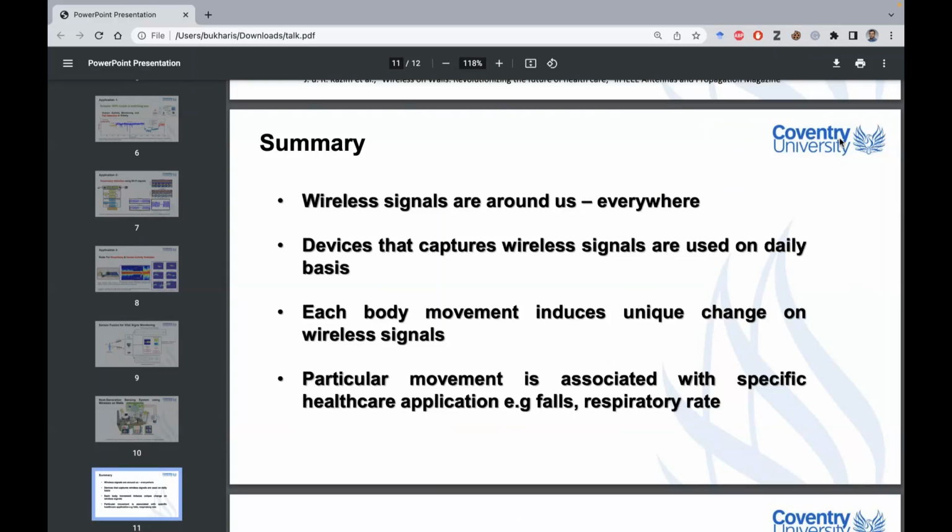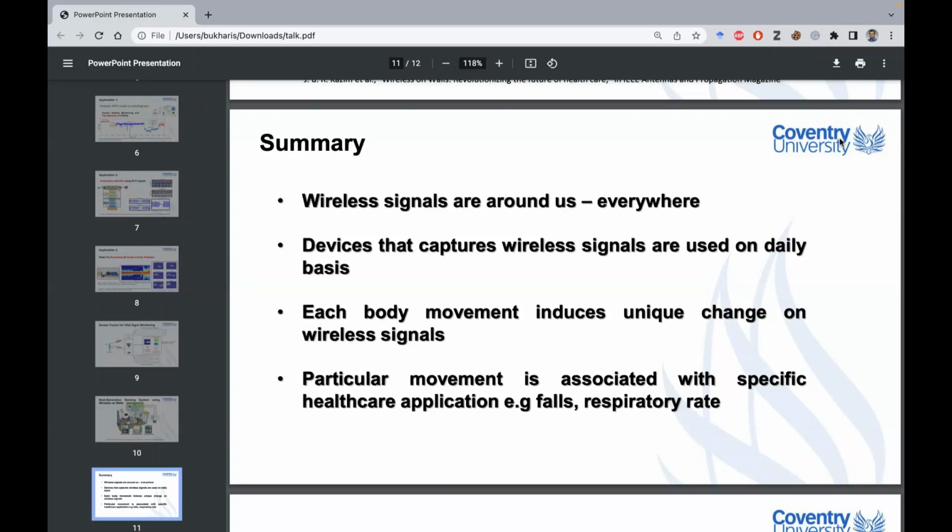For instance, if you want to monitor a COVID patient in a ward environment or at home, you don't need to deploy any wearable sensor on the person's body, so you can remotely monitor their vital signs.